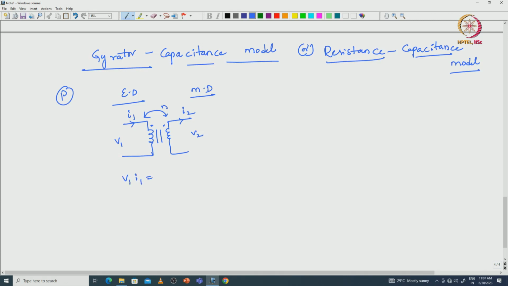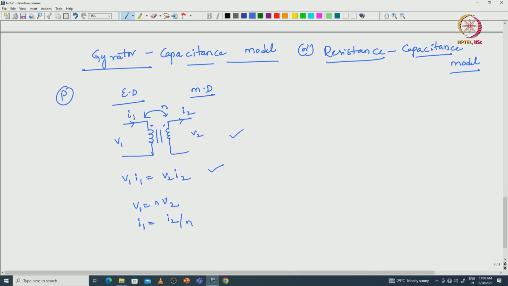V1 I1 is equal to V2 I2, power is matched at both sides, and V1 is equal to N into V2 and I1 is equal to I2 by N. Here N is the Gyrator constant.